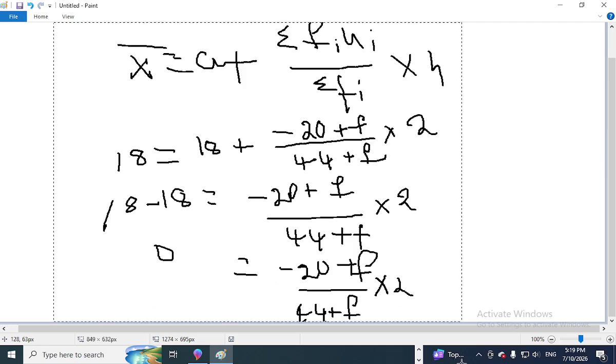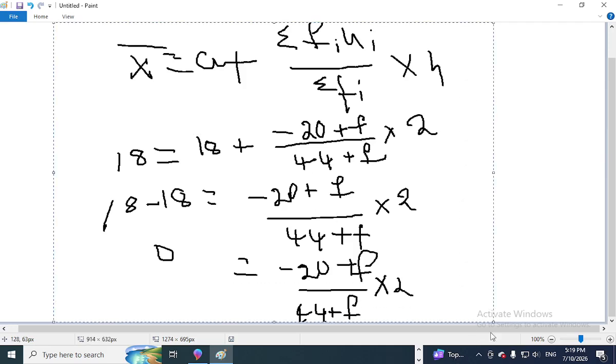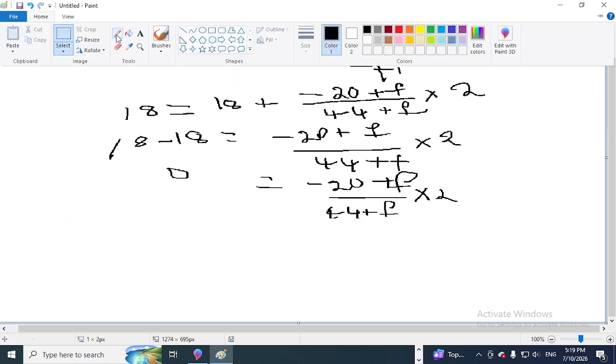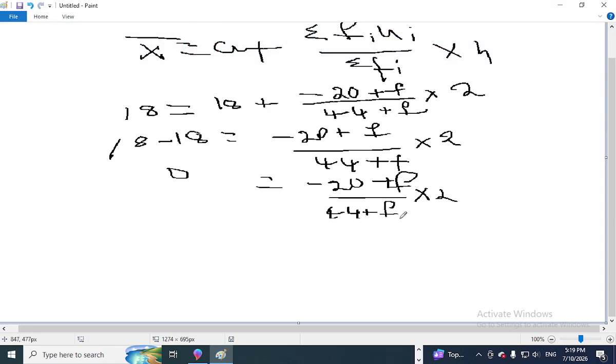In the simplification we need a few more steps. That is why I reduced that one. Please try to understand. Here we are transposing the 44 plus F and 2 to the LHS. By that we will get 0 into 44 plus F. Those who have a doubt, please observe this. The 44 is in the denominator, so while transposing, it will be set as the numerator.